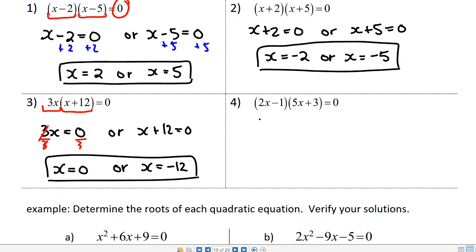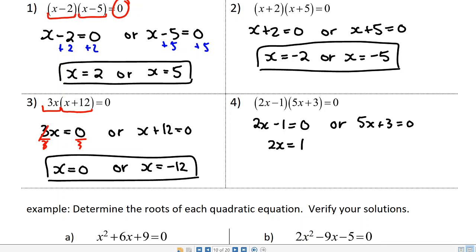And then for the last one here, number 4, same thing. Our answers are just going to end up being fractions, but we follow the same steps. So each factor is equal to 0. So 2x minus 1 is equal to 0, or 5x plus 3 is equal to 0. And then we solve. So it's just going to be a two-step solve instead of one.